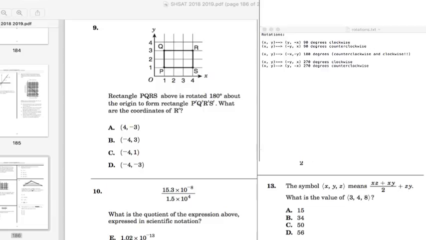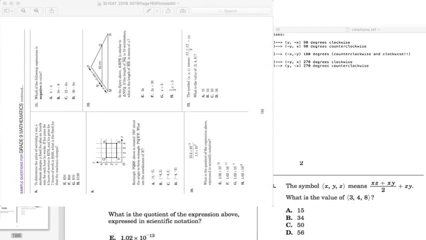Give me a second so I can get it loaded into the software. Okay, there we go. Give it a second to propagate.